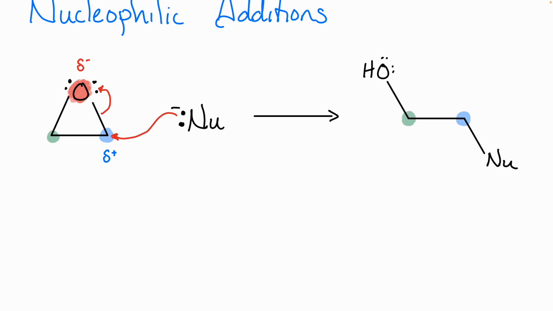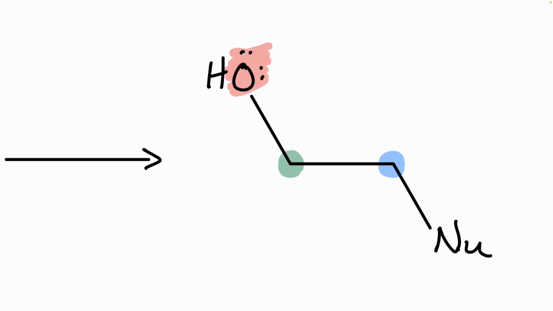Exactly one carbon away is now that epoxide oxygen. All right, and this is going to be a really important feature of these epoxide reactions. You are always going to have the nucleophile added 2 carbons away from where that hydroxyl group is. All right, never on the same carbon, always just exactly 1 carbon next door.